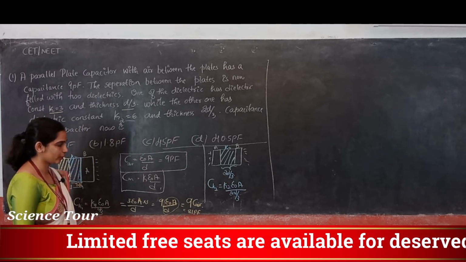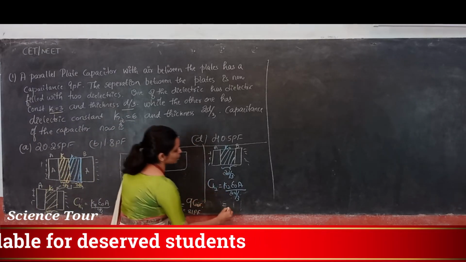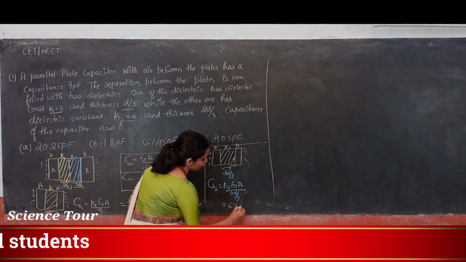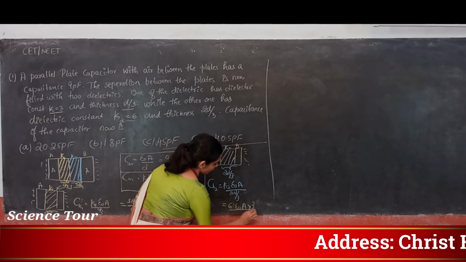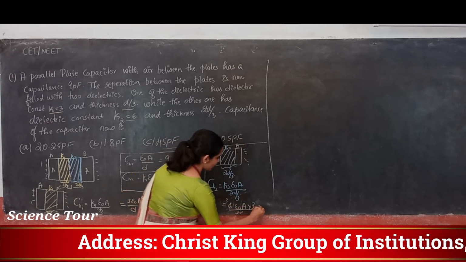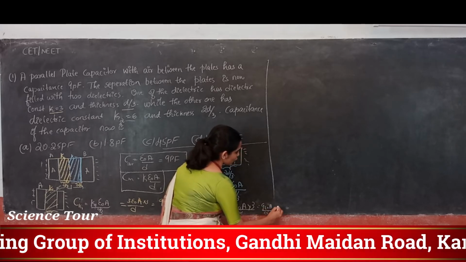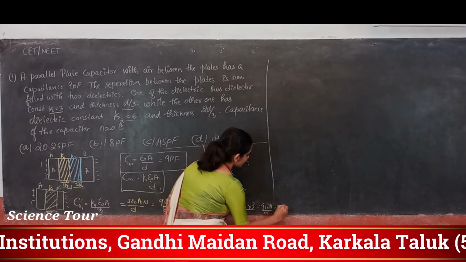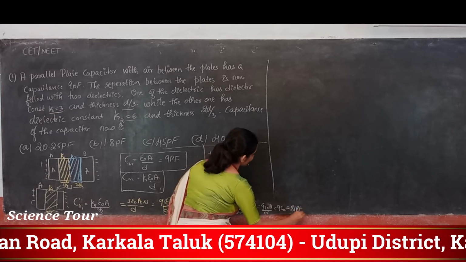What about here? K2 is 6, so 6 epsilon naught A divided by 2D by 3. 2 ones are 2, 2 threes are 6, so again 9 epsilon naught A divided by D. So you can say 9 C air, or 81 picofarad.